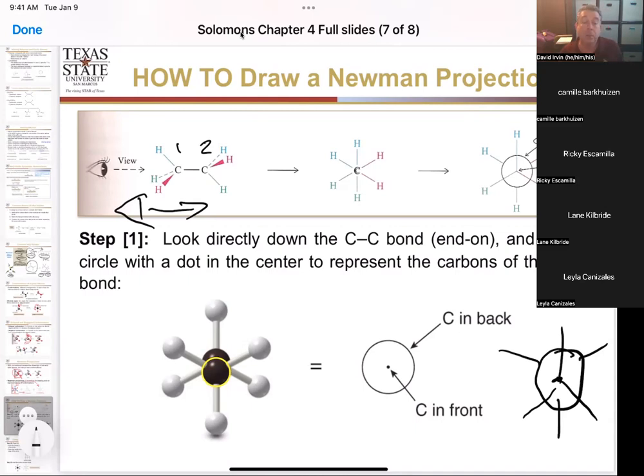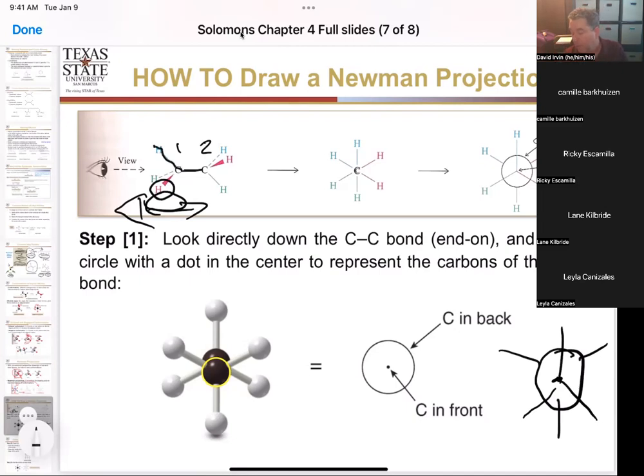Okay, so what you have to do is, number 1, find out which 2 carbons you're going to look down. You're going to line those carbons up. You're going to put a dot for the carbon closest to you, a ring for the carbon behind it, and then attach all the substituents in that same perspective. Now notice, in this case, this hydrogen is on a wedge, so it's facing out at us.